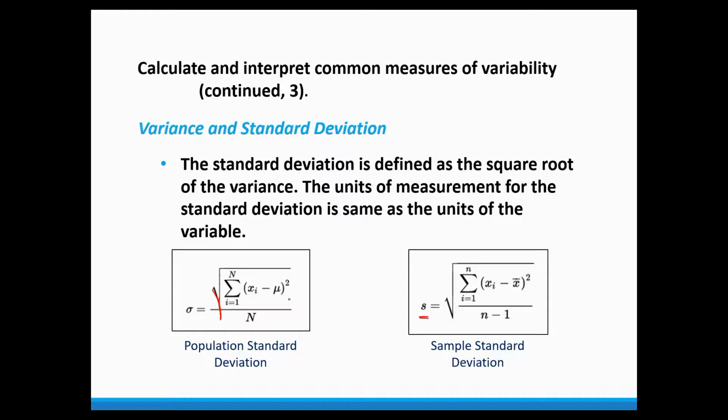For example, if xi is measured in kilograms and we take the difference from their mean and square them, of course it will be in another unit. Getting the square root of this will reveal at the end the same unit as the observations included inside the data set.